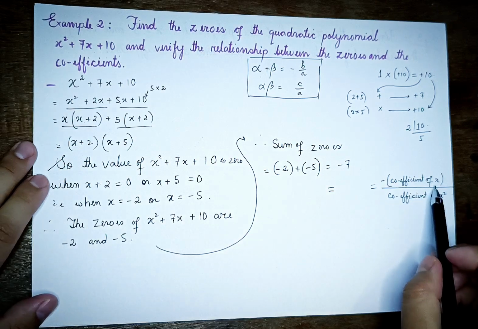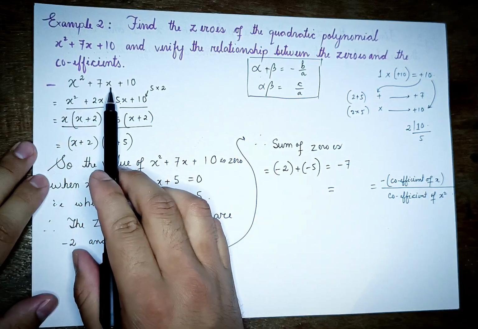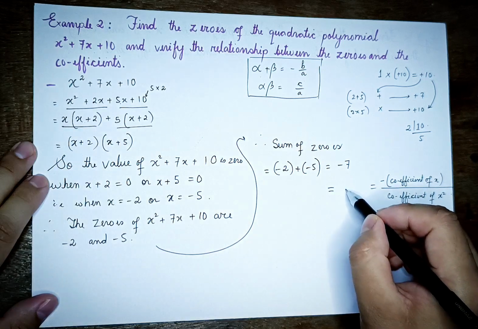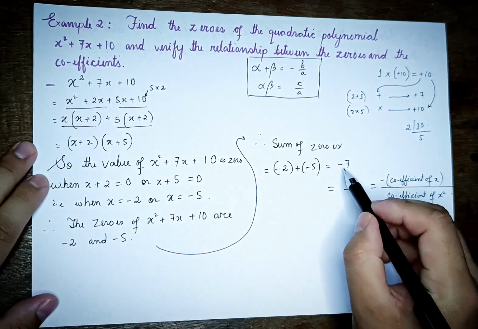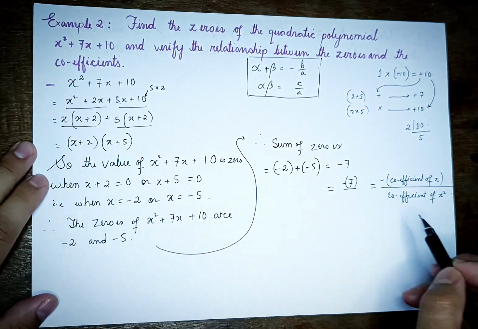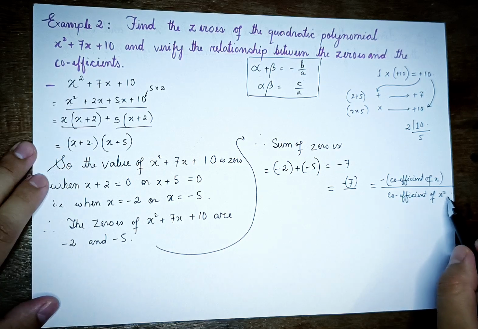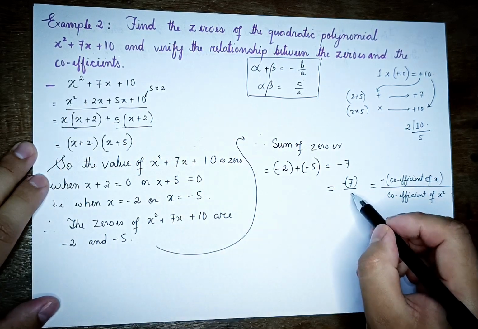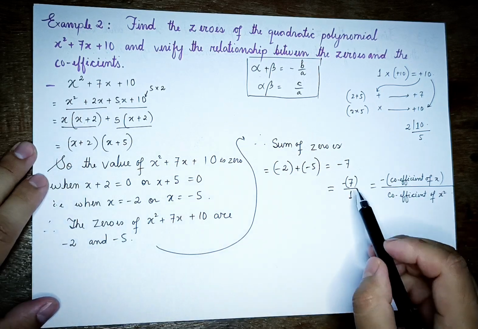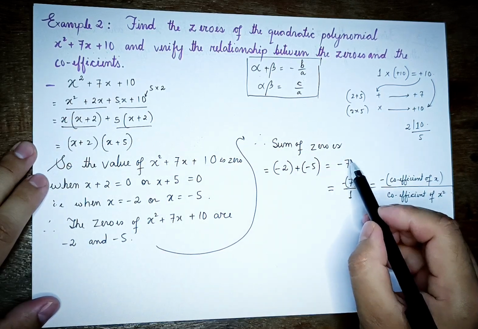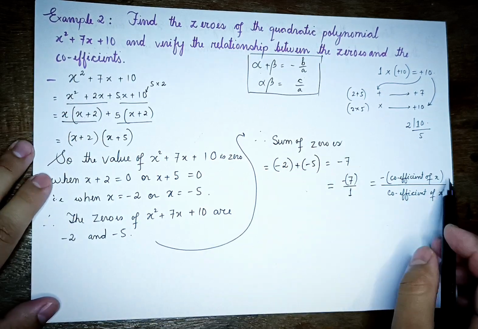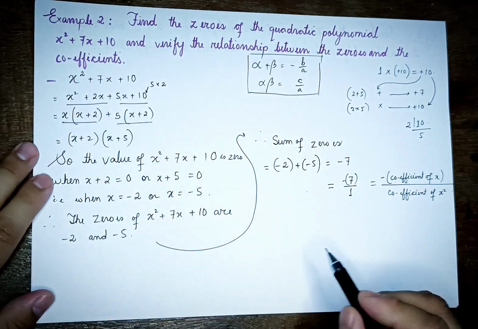So what is the coefficient of x here? The coefficient of x is 7. So we can write minus of 7. And what is the coefficient of x squared? The coefficient of x squared is 1. So we write 1 here. By dividing this, we get minus 7. So we verified the sum of zeros with the coefficients of the polynomial.